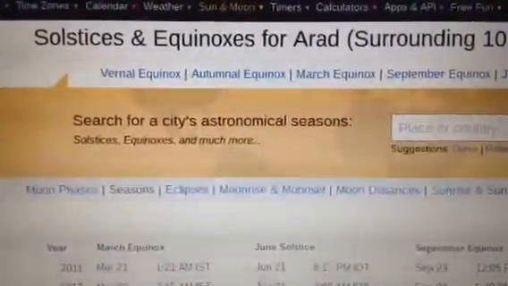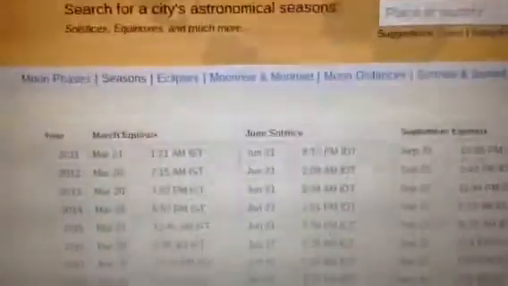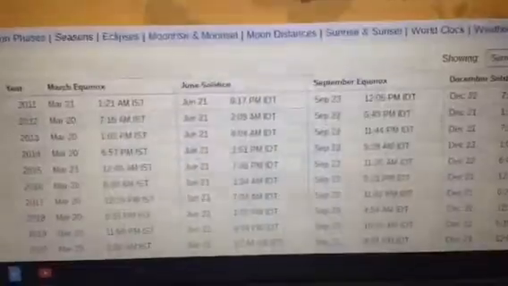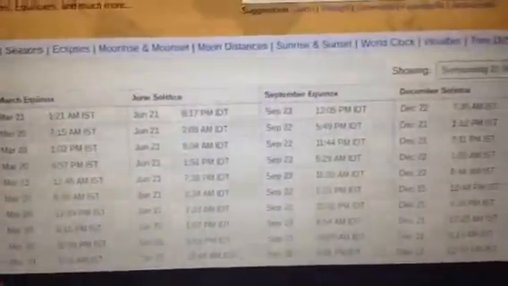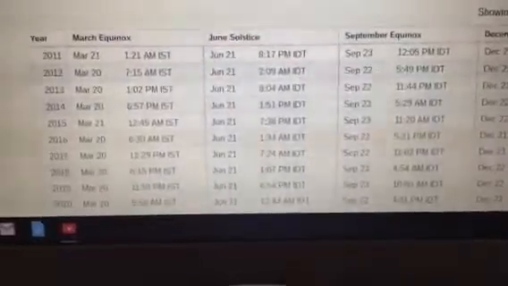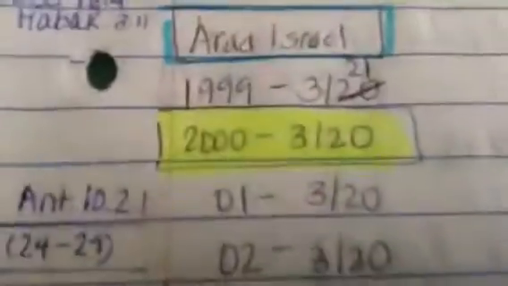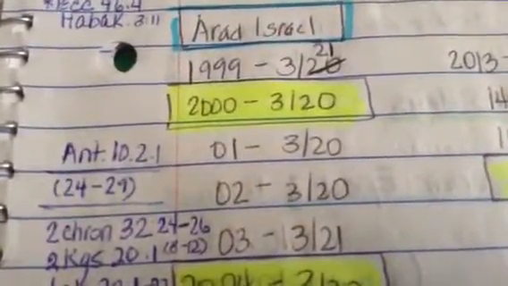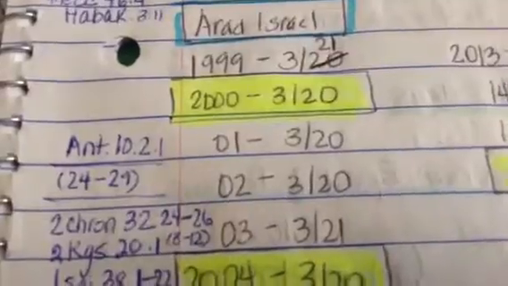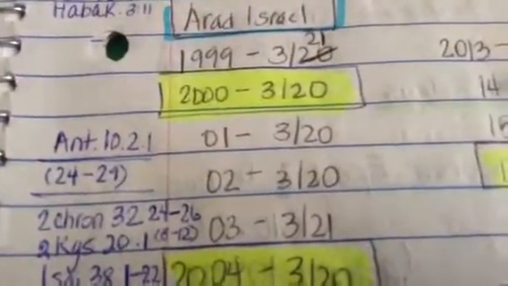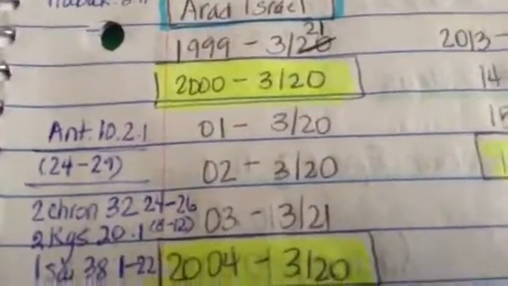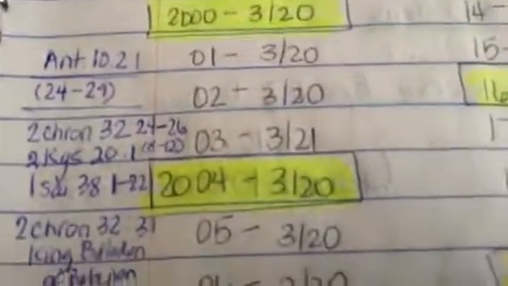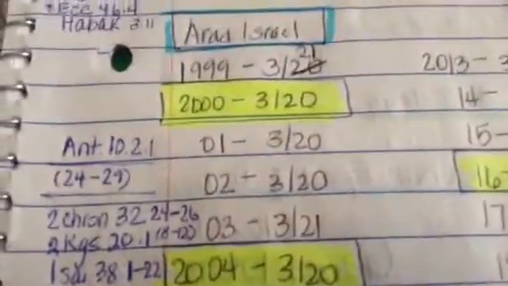Make sure you have it for Arad, Israel, and you can see the listing for the March equinox, June, September, and December for several years. What I did, I wrote all of them out, and I made sure I highlighted the year 2000, because I know in February 2000, instead of 28 days, there's 29, and you'll see why that'd be very important. So I'm just going down so you can see.